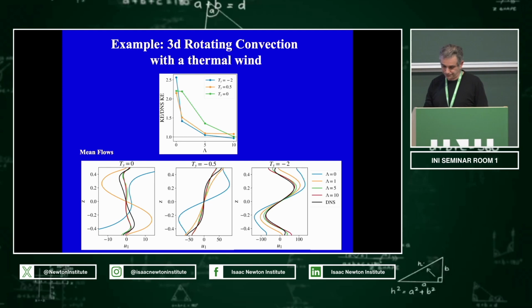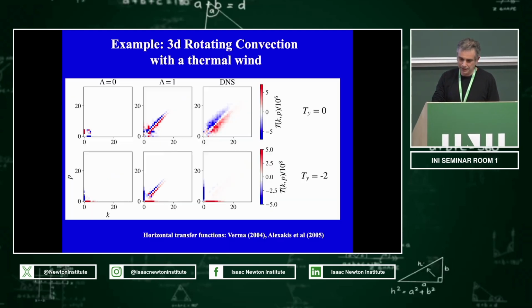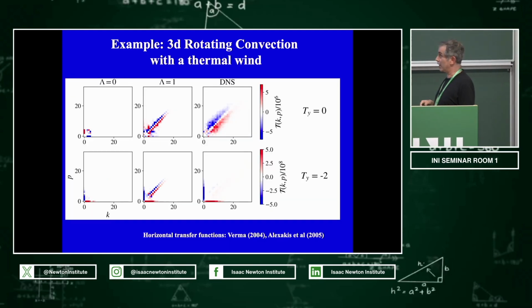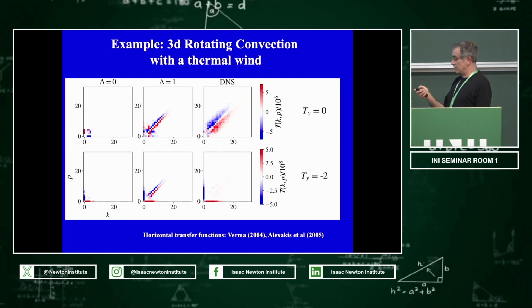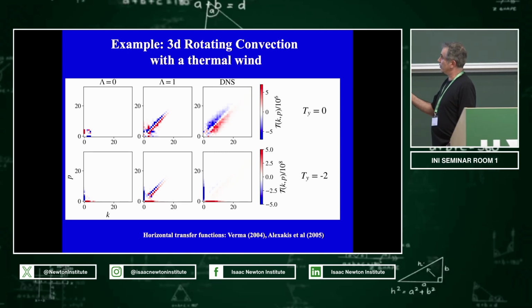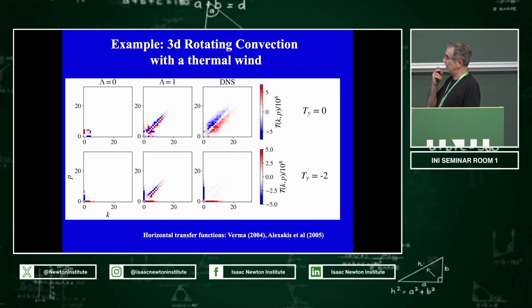Now, why is that? Again, you have to look at transfer functions. So we looked at the transfer functions as calculated in these papers for full DNS, quasilinear and generalized quasilinear.